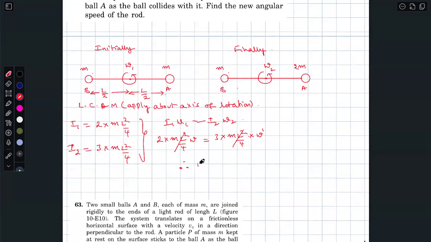So therefore, omega dash is 2 by 3 omega.